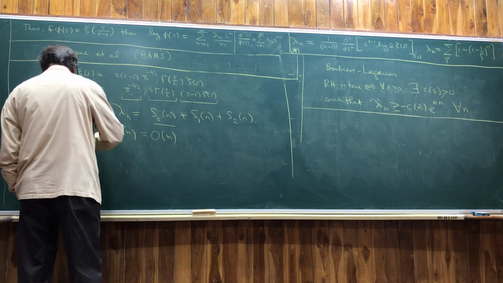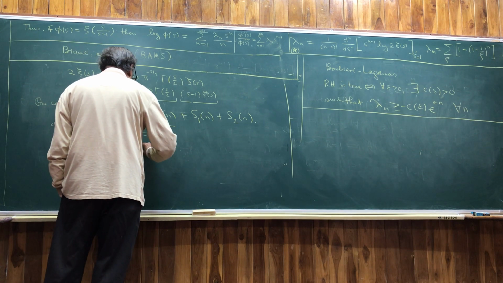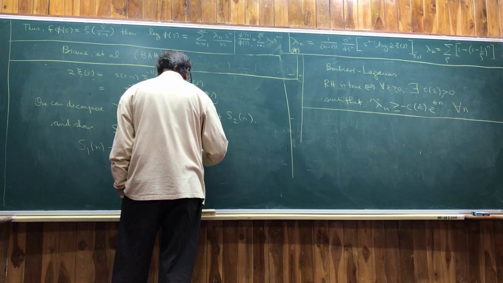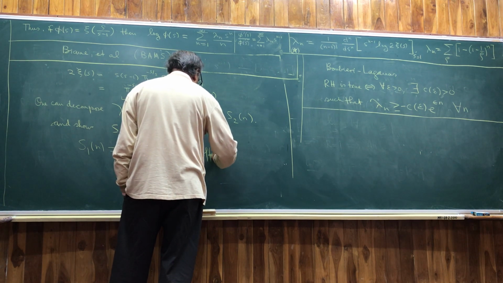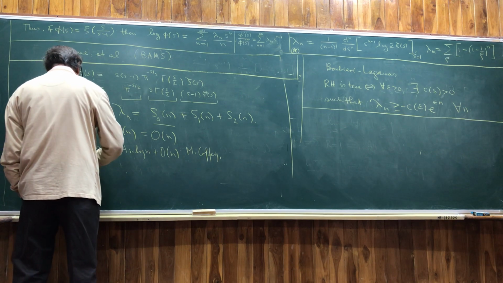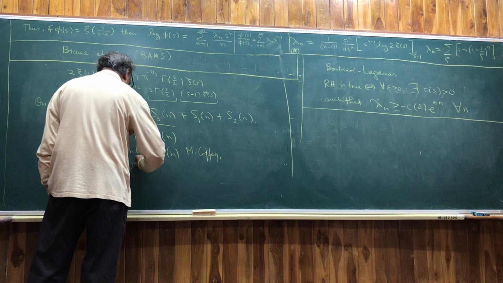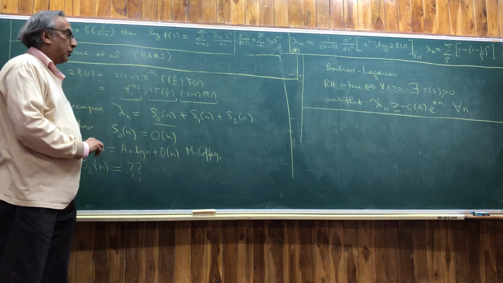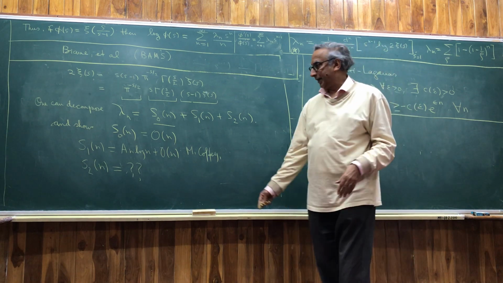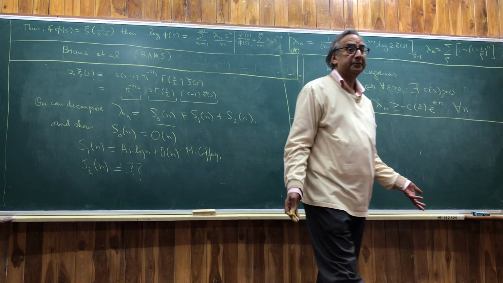S1 of n, you can actually write down as n log n plus O of n. This is the work of Mark Coffey. And S2 of n is the mystery. So from the Bombieri-Lagarias perspective, everything is there because the other parts are O of n log n.